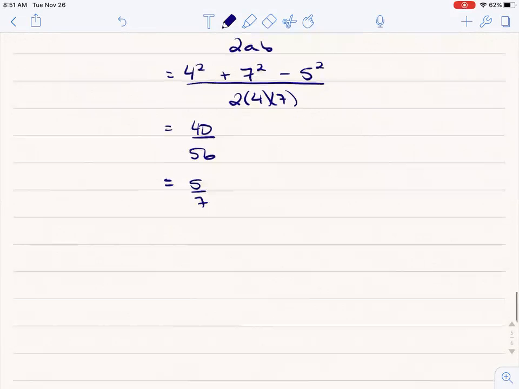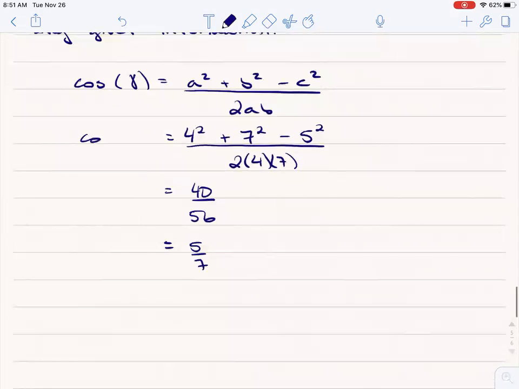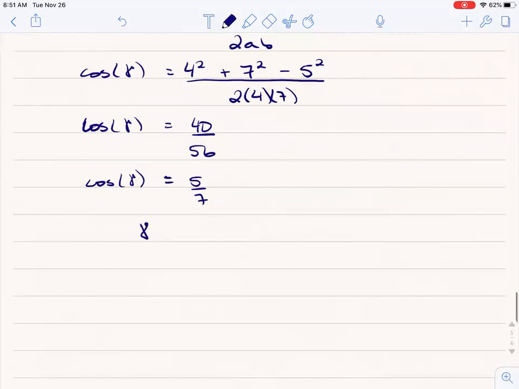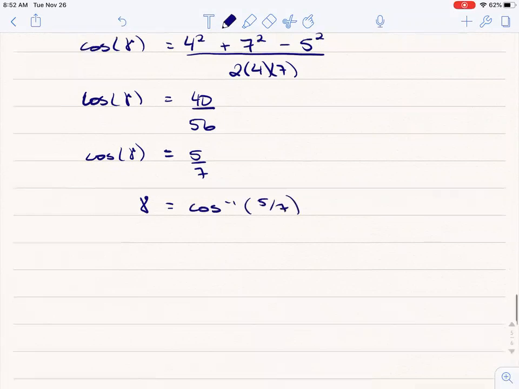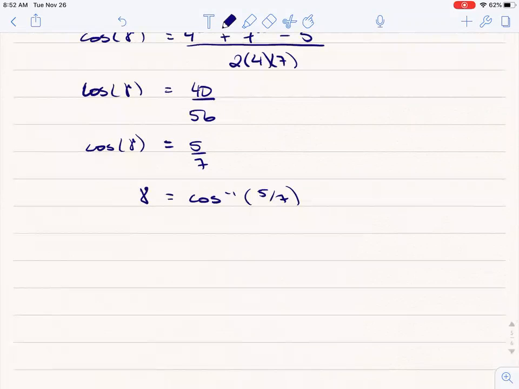So this is cos gamma all the way along here. Now if we're solving for gamma, we take the inverse cosine of 5 over 7.